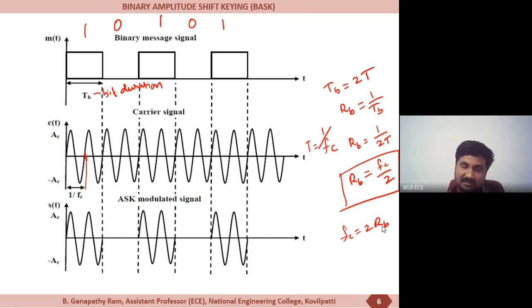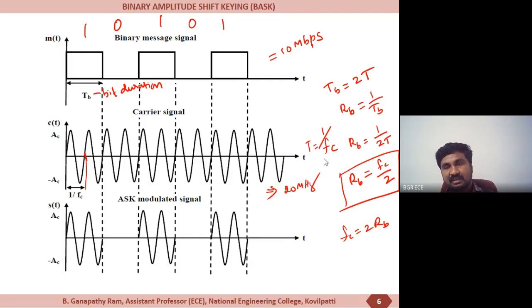So if you are transmitting at a data rate of 10 Mbps, then the carrier frequency chosen here is 20 megahertz. If instead of 2 cycles per bit I have 10 cycles, then Fc can be represented as 10 RB, and it will be 100 megahertz.